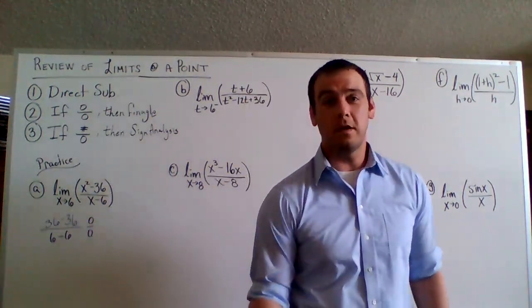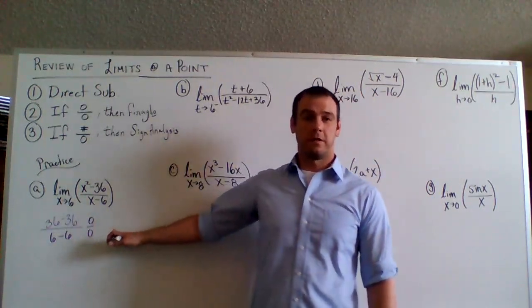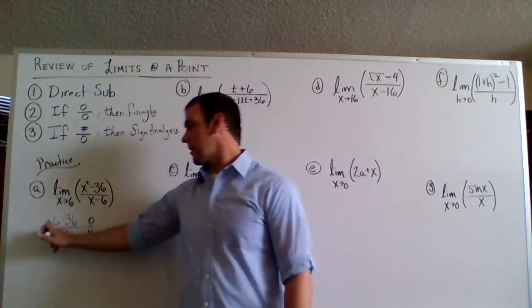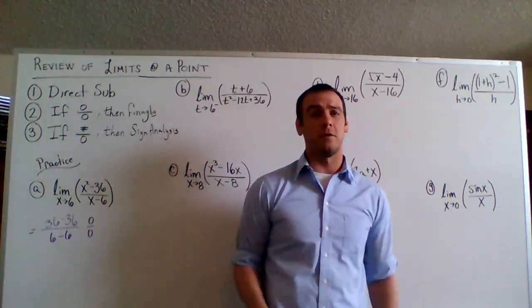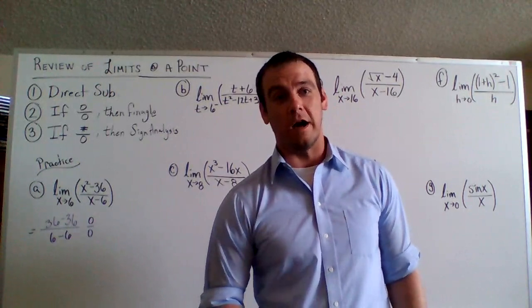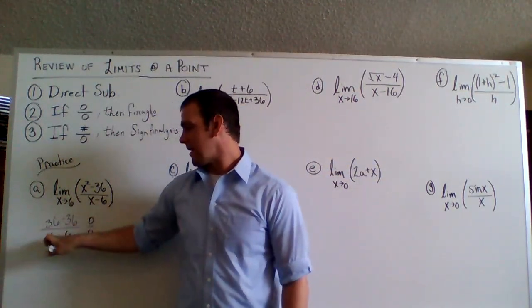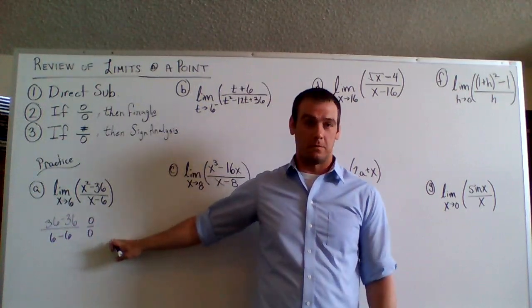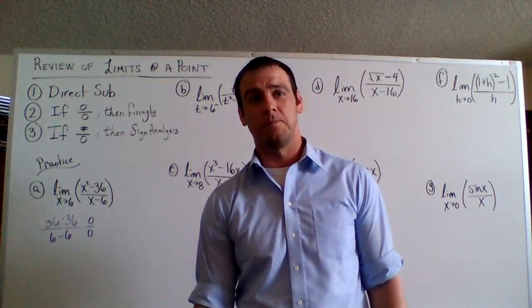When you're doing these, make sure you never ever write equals 0 over 0. Make sure you write doesn't equal this. If this were free response on the AP exam, they're going to take a point away from you. It does not equal 0 over 0. 0 over 0 is undefined. That's not what the limit equals.